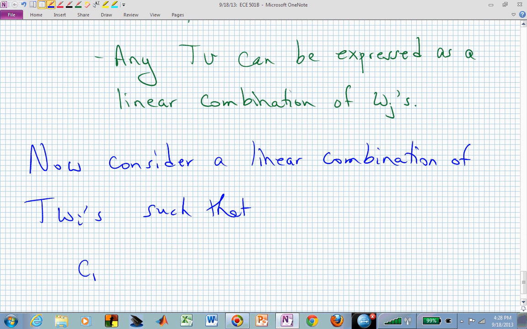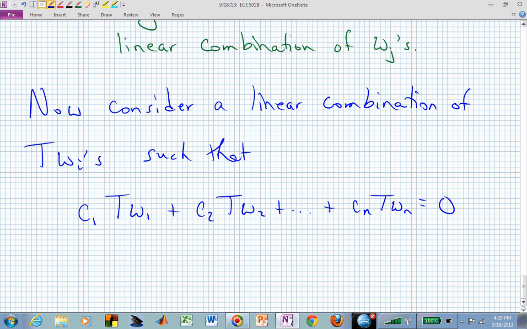Let's introduce some new coefficients: c1 T w1 plus c sub 2 T w2. Let's pick these c's such that the linear combination of these n vectors, the w's mapped through the linear map T, is equal to 0. So there's some linear dependency among these vectors T w sub i's.